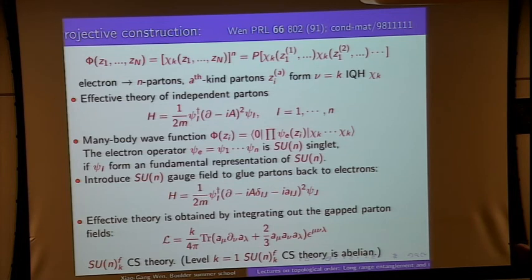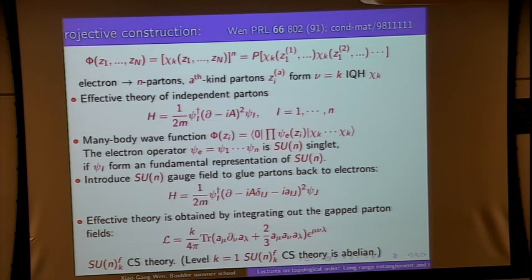Therefore, this projection really projects down to the SU(N) singlet. So projection to the SU(N) singlet is a way to combine partons into electrons. That's one important point.